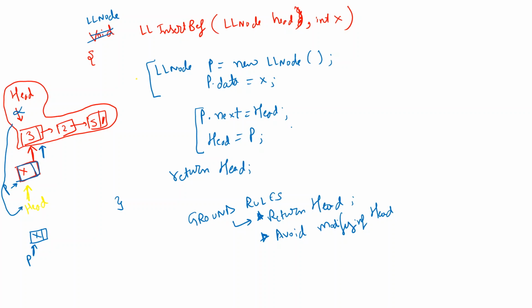Now this program is not that good. Let me try this program in case there is only one node in the linked list, right? So this is my node. This is my linked list, basically head, null.